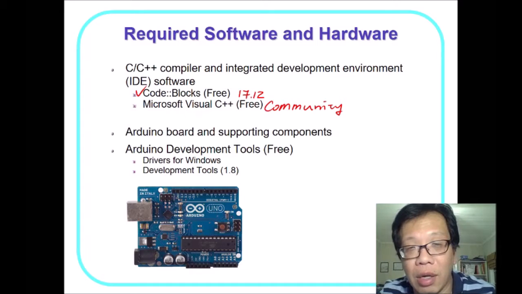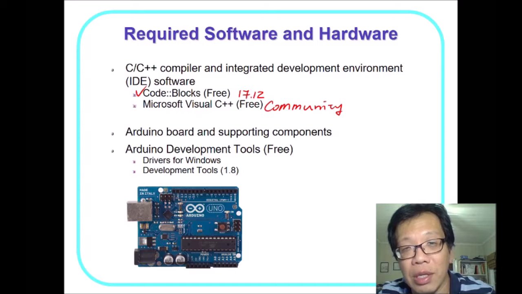Microsoft Visual C++ is a very powerful tool, but it includes too many things and the size is kind of huge. So for this course, you don't need to install Visual C++, just using CodeBlocks will be good enough.